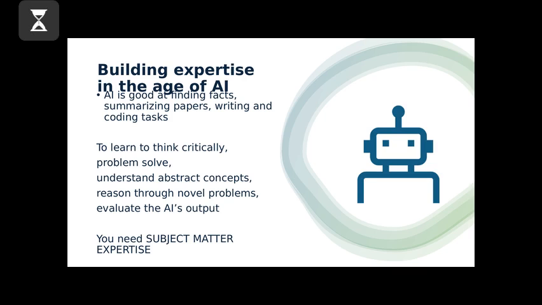However, when you graduate and you start a job where you need to deal with real life problems, and a lot of the time complex problems, you need subject matter expertise. So AI doesn't know how to think critically. It doesn't really know how to problem solve. It doesn't really understand abstract concepts. So it's your job as the expert in this loop to evaluate AI's output and work with AI to improve its contribution.